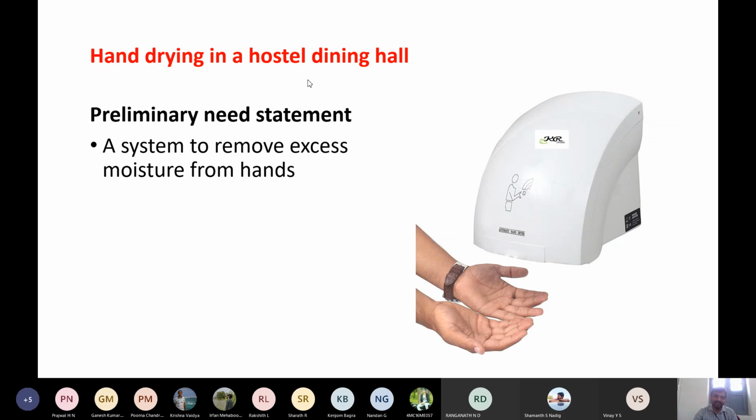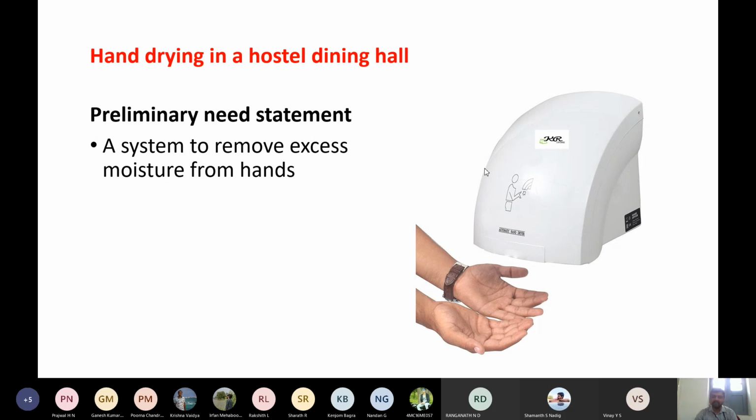Then for designing, you know the function of this hand dryer. It has to remove moisture from the hands so that the hands will get dried. In a hostel, every day you may use it 6 times.